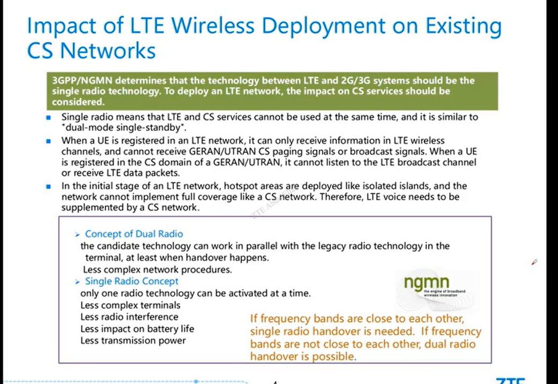Single radio technology means LTE and CS, we can also say PS and CS, cannot be used at the same time. So that's why when you want to set up a call, you need to fall back from LTE to the 2G and the 3G network. So in this way, the PS service will be interrupted.